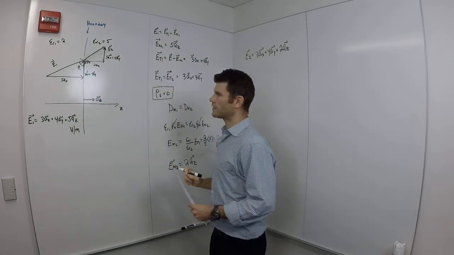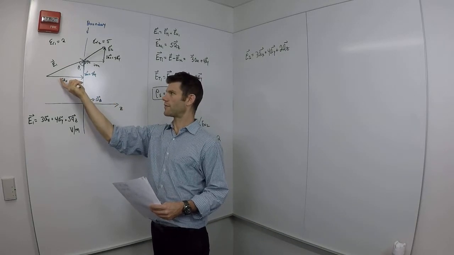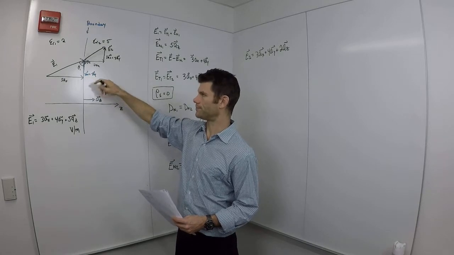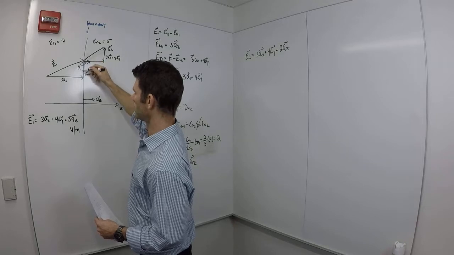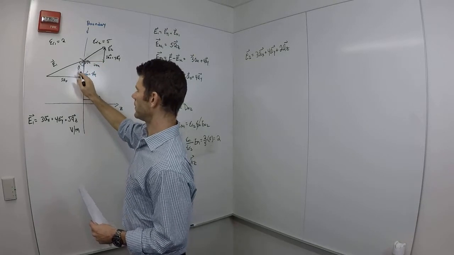Okay, so now to get the angles, we need to compare the magnitude of that vector and the magnitude of this vector. So you should notice here that we make a right triangle, and we're trying to find this angle.